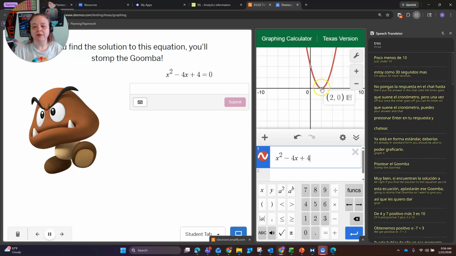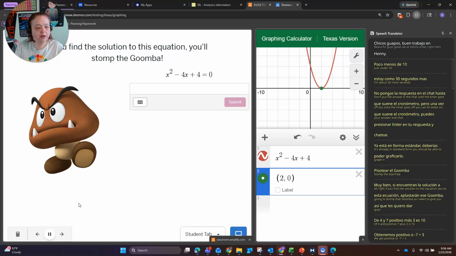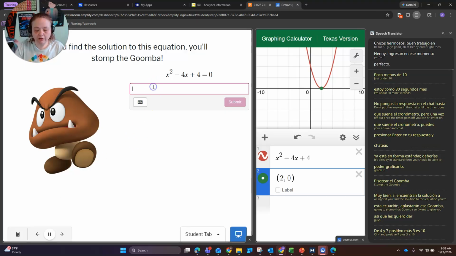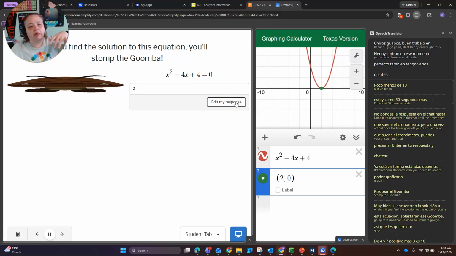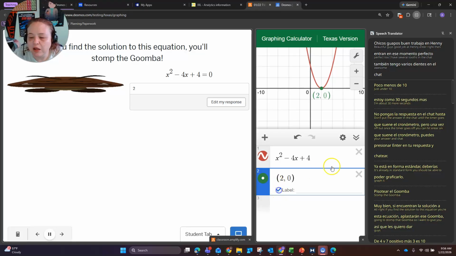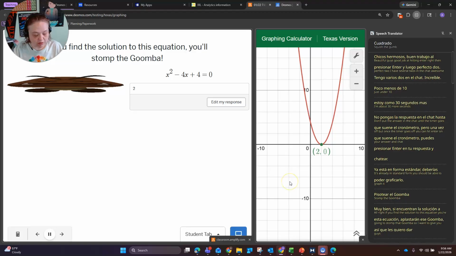Beautiful, guys. Good job at hitting enter right then. Perfect. 2. I have several 2s in the chat. Awesome. The answer is 2. Look at our Goomba getting squished. We squished the Goomba. Yes, I'm a nut. I'm nuts. Don't worry. All right, so go ahead and make sure you're ready for the next one.